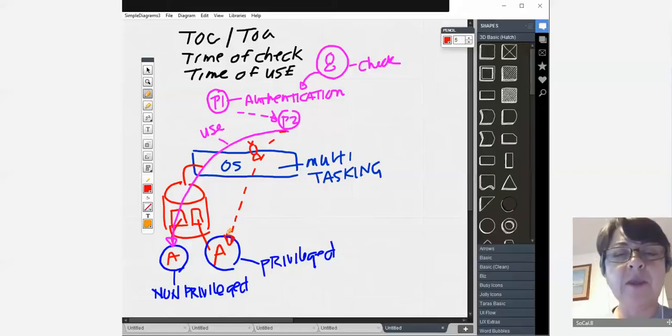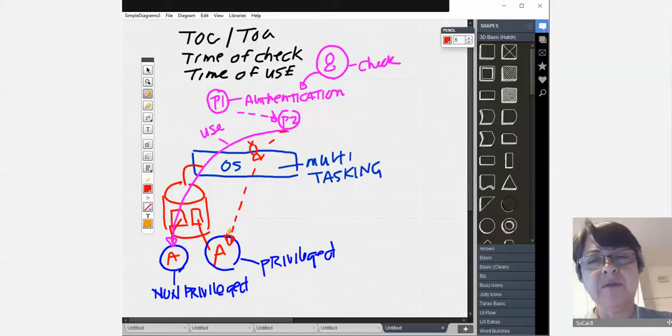So the requirement here is that one needs to be able to redirect. So the time of check, time of use in this case is, look, process 1 and process 2, and somehow you can trick process 2. See, process 2 is not the one that's doing the authentication. See, that's the key, isn't it?